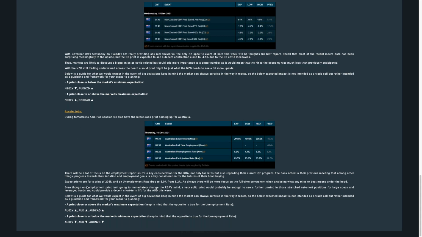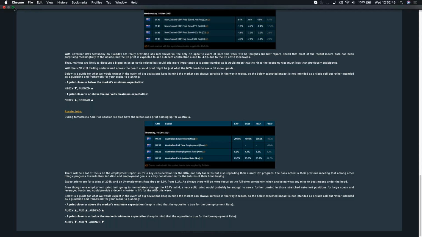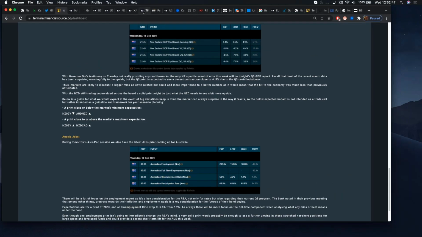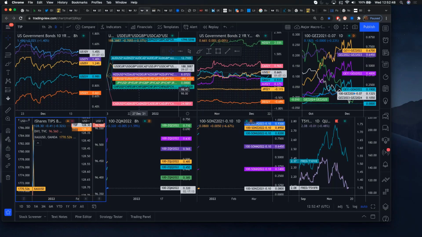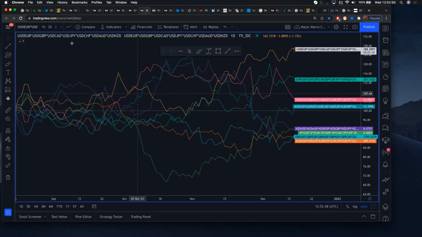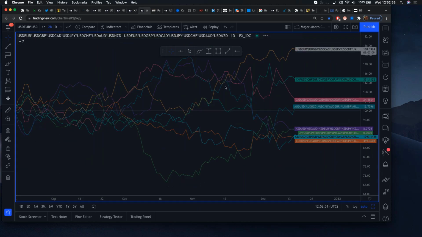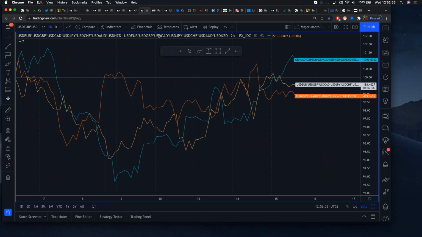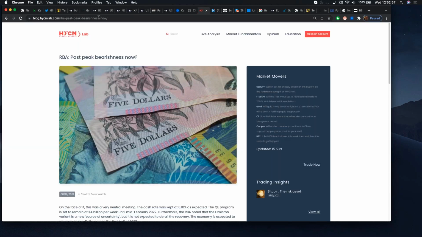Now, with the Aussie jobs, again, a big focus of the RBA, we want to see if it's above the market's maximum expectation, in line with that recent Australian dollar strength. So just so you can look here, if we look at the Aussie dollar since the last RBA meeting, about early December, wasn't it?